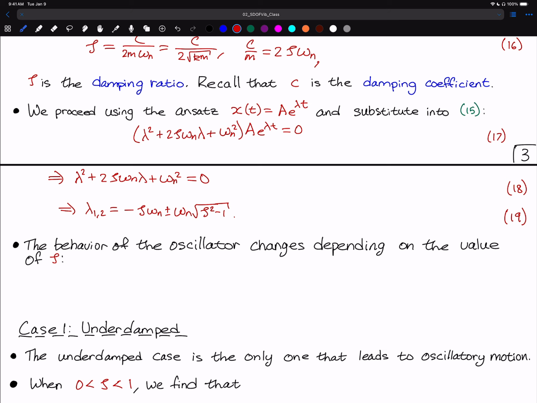So the behavior of the oscillator is going to change depending on the value of zeta. Specifically, we're going to be looking at what happens to this square root term that I'm circling right now. That term is going to change from being either imaginary to being real depending on the value of zeta.